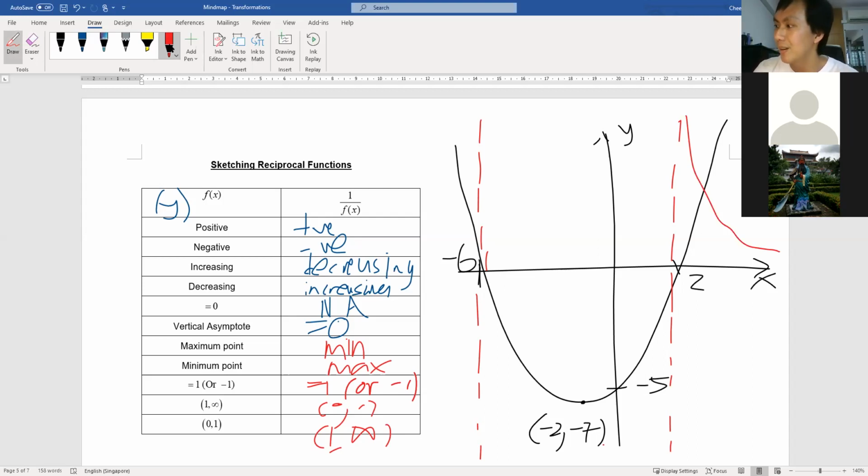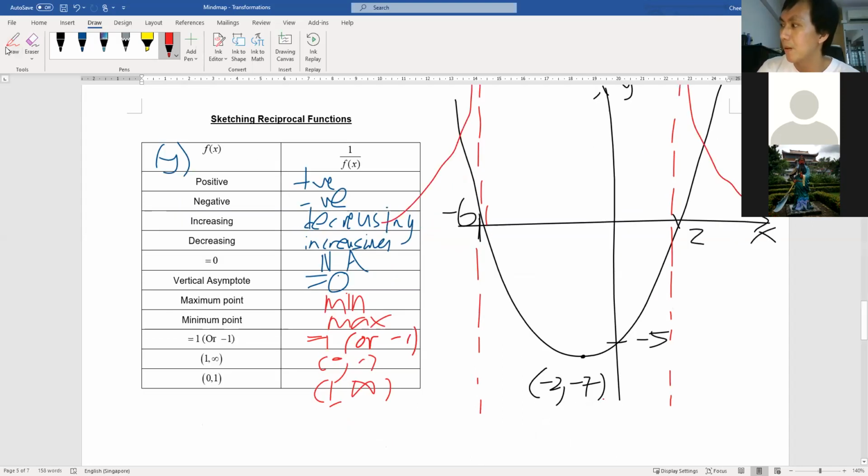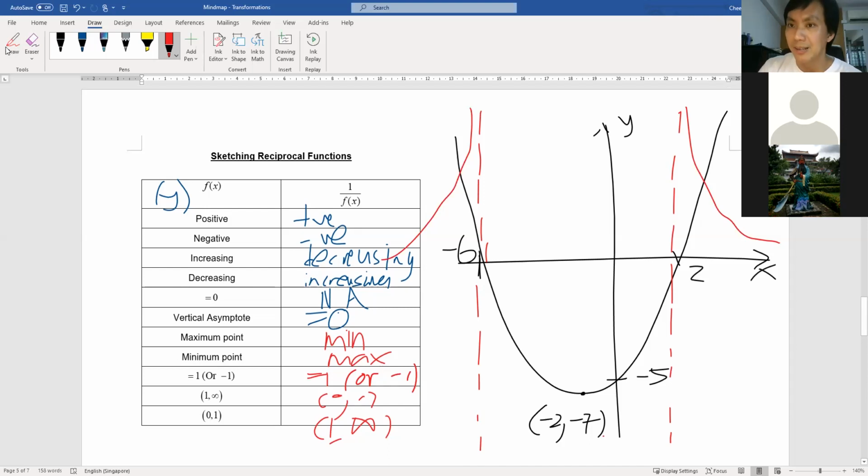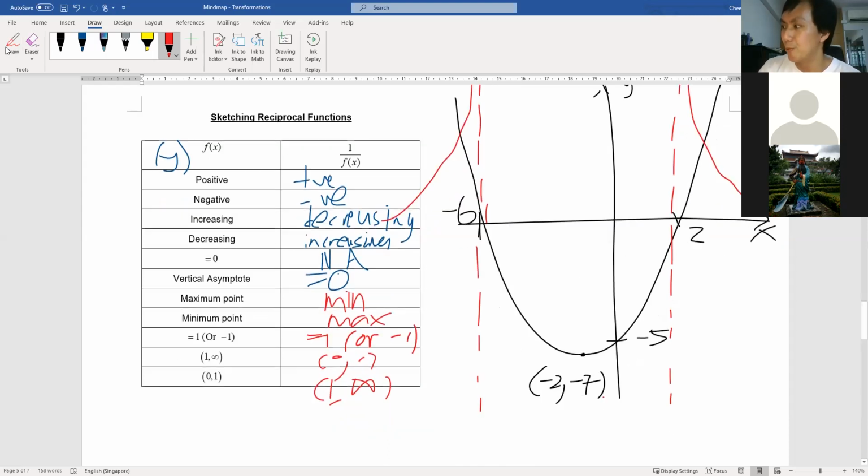So it will be like this, never breaching the vertical asymptote and going towards infinity, because the black graph was going towards 0. So the reciprocal graph will be going towards infinity. You can see the same logic in the left and right arm already. Understand so far? Okay. Then it's the center portion that is the problem usually.